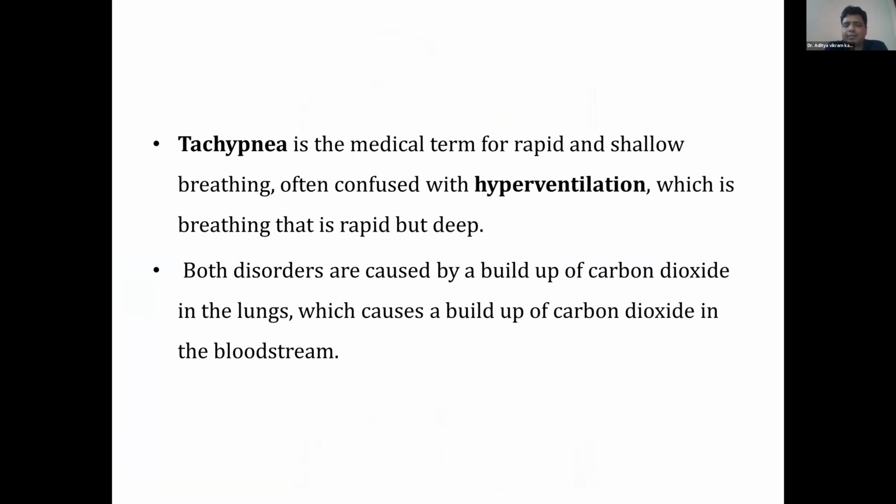Coming to the basic definitions of a few terms to understand when we communicate in the ICU with our team and other colleagues: rapid and shallow breathing is called tachypnea, whereas hyperventilation is rapid breathing but not shallow; it would be deep. Both can be a result of accumulation of carbon dioxide in the bloodstream.